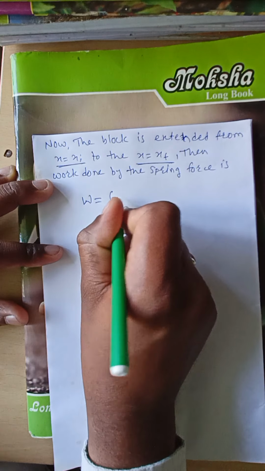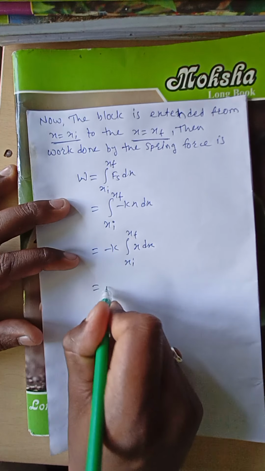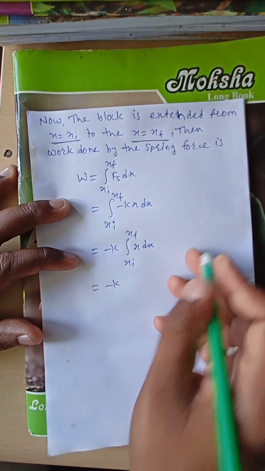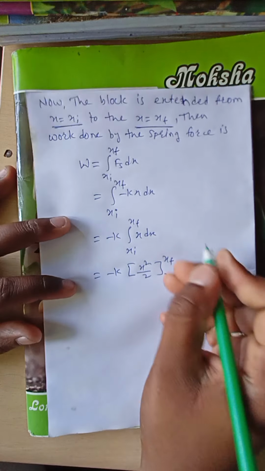Now this is equal to, spring force is nothing but minus kx, into dx, with x initial xi and x final xf. Minus k is constant, integration of x dx from x initial to x final. This is equal to minus k times x square by 2, evaluated from x initial to x final.